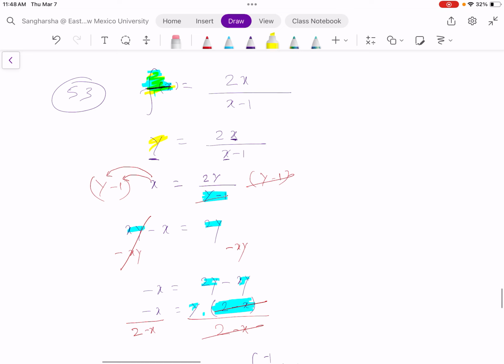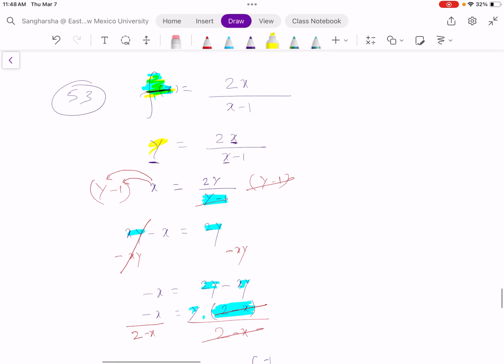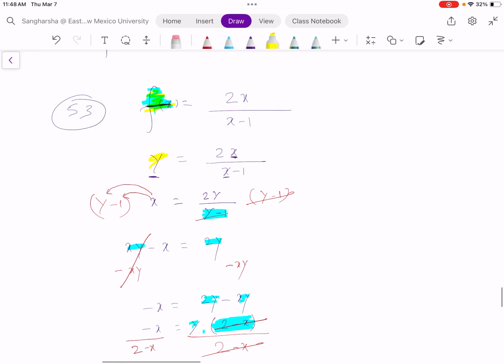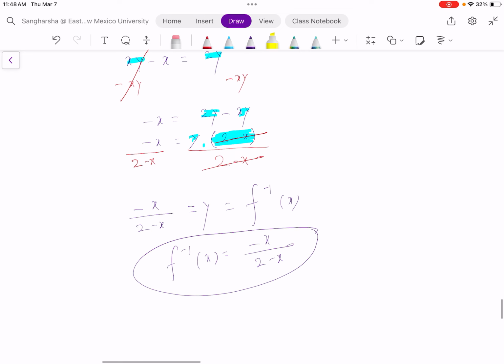Second step, you interchange x and y. So for y, you write down x. For x, you write down y. Then next, you solve the equation for y, and at the end you replace your y by f inverse x, and you get the inverse function.